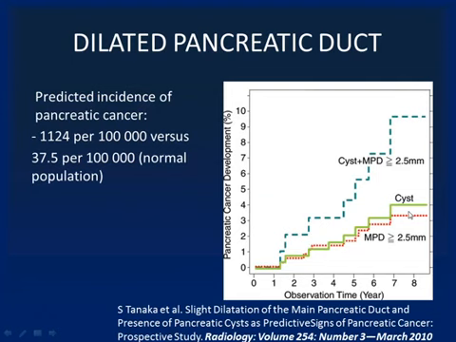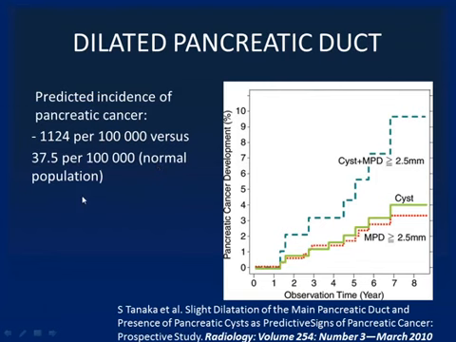Similar features were found concerning cysts. If a patient had both main pancreatic duct dilation and a cyst, the development of pancreatic cancer was more likely, and they predicted that the incidence could be about 1,000 per 100,000 versus 37.5 cases per 100,000 in the normal population matched for age.